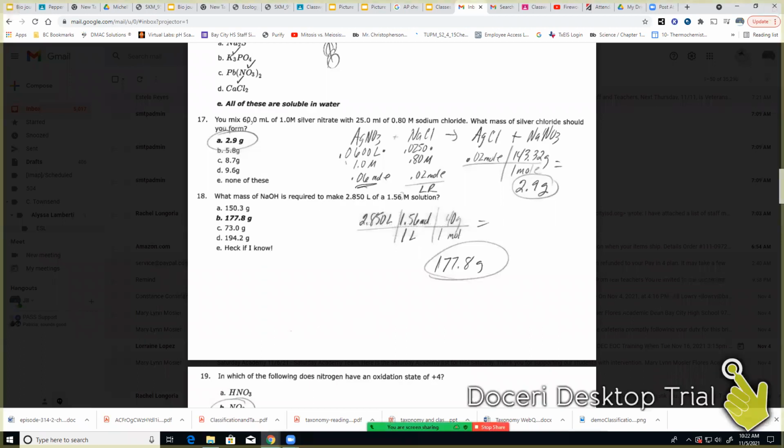I was figuring out how many moles of each one I had. And sodium chloride was the limiting one. Once I figured that out, it's the one I need to use to start my problem, because all of it's going to be used up. The silver nitrate would be in excess.